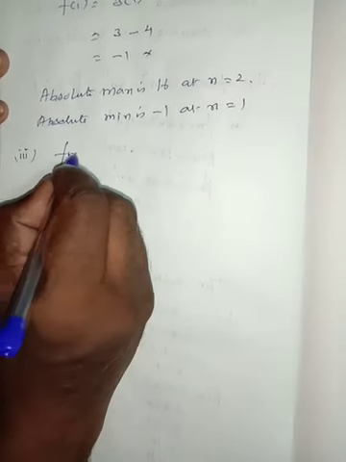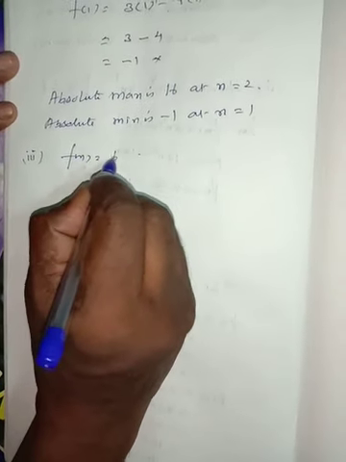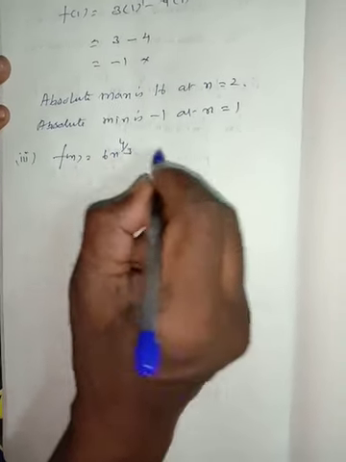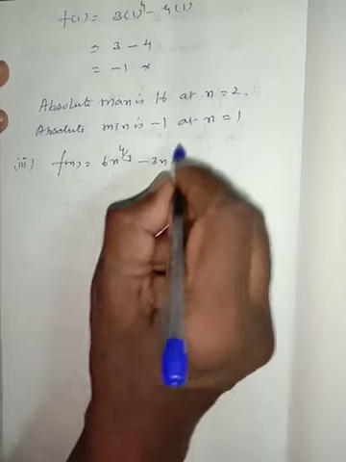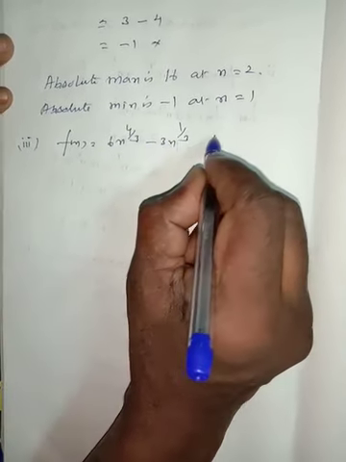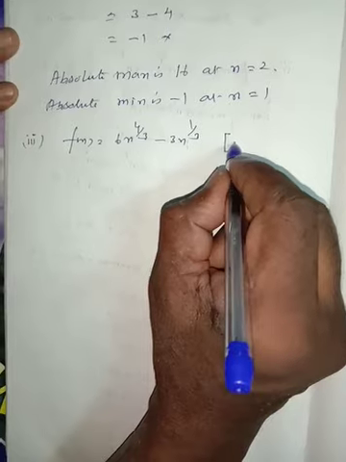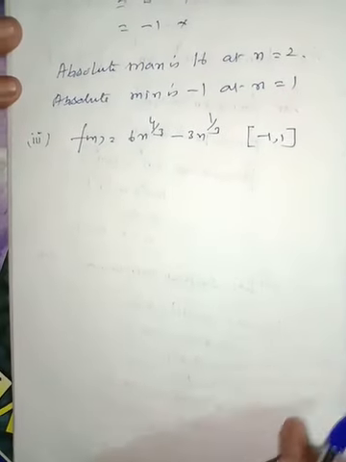f of x is equal to 6 x power 4 by 3 minus 3 x power 1 by 3, closed interval minus 1 comma positive 1.